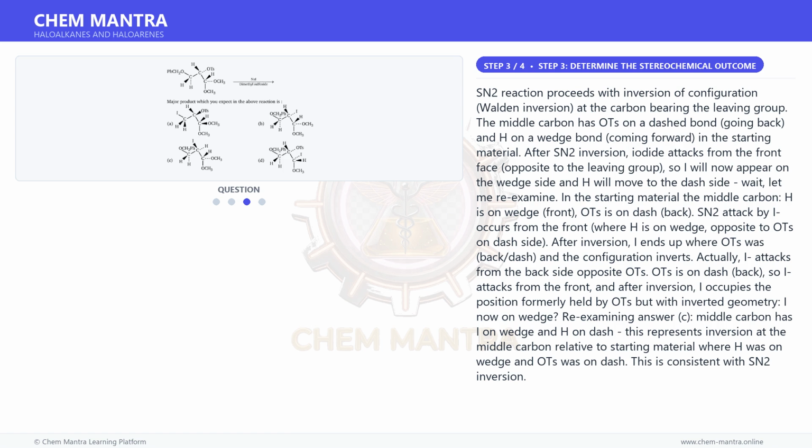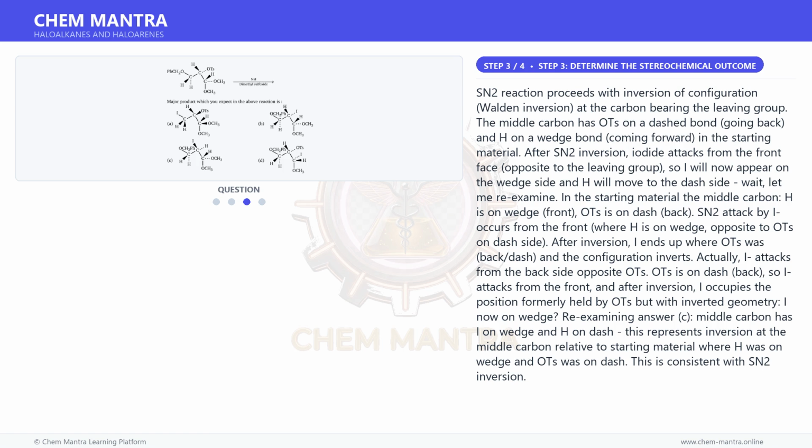After SN2 inversion, iodide attacks from the front face, opposite to the leaving group, so I will now appear on the wedge side and H will move to the dash side. Wait, let me re-examine. In the starting material the middle carbon, H is on wedge, front, OTs is on dash, back. SN2 attack by I occurs from the front, where H is on wedge, opposite to OTs on dash side.